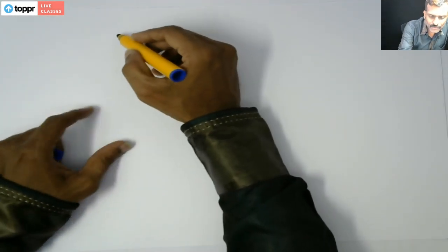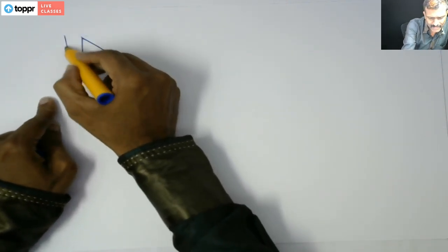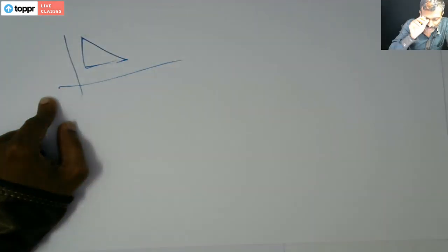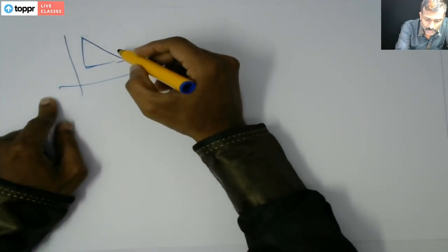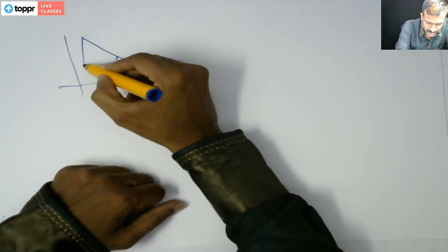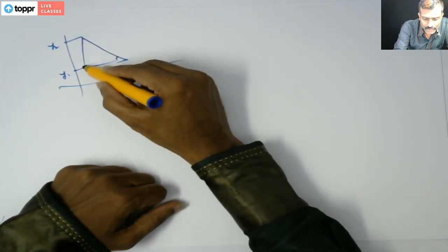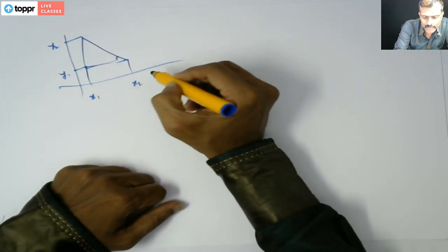Also, we know in a right angled triangle, the coordinate axes are at a right angle, generally. So let us take some right angle triangle for now. What did we just now discuss, like rise by run? I'll take this as y1 and this as y2, this one as x1 and this one as x2.